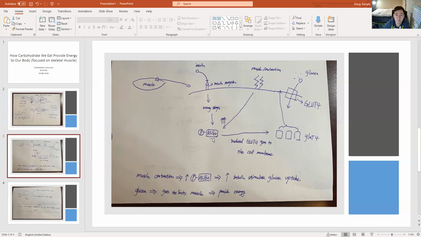After many steps, which I'm not going to list every step here, just to keep it simple to understand, GLUT4 goes up to the membrane, and this will allow the glucose to be transported into the skeletal muscle.